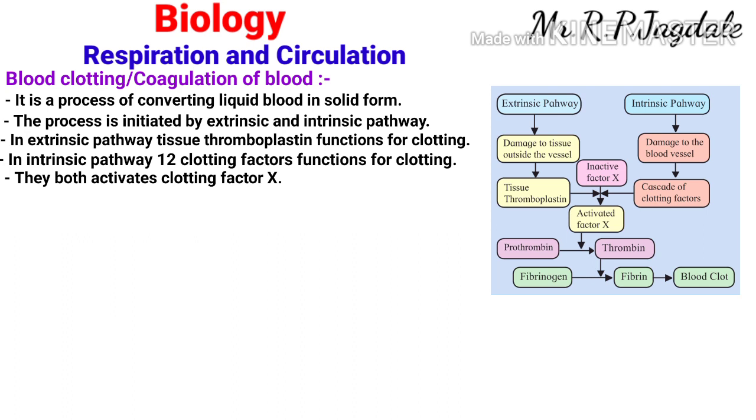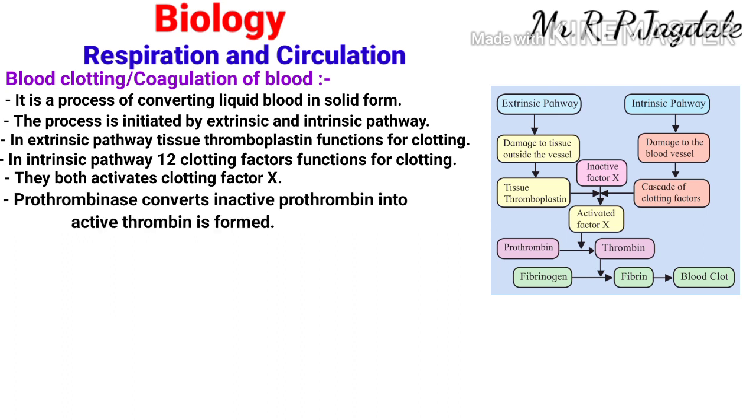This enzyme prothrombinase inactivates the heparin, and converts inactive prothrombin into active thrombin. You can see what activated factor X performs: it converts prothrombin into thrombin. So thrombin is formed here.